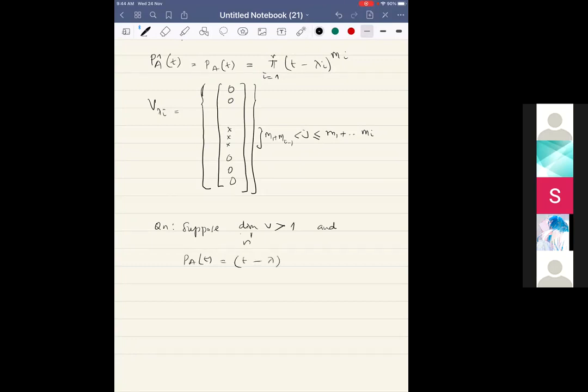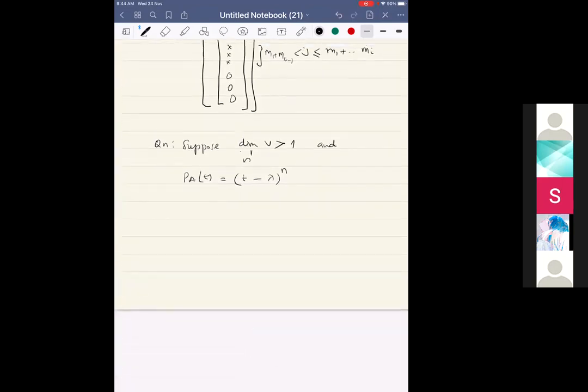It is of the form (T minus lambda) to the n. What can you say about the linear map? What can you say about A hat?